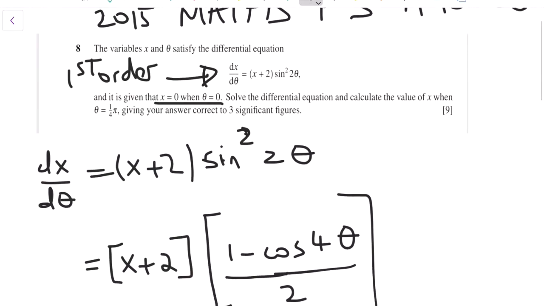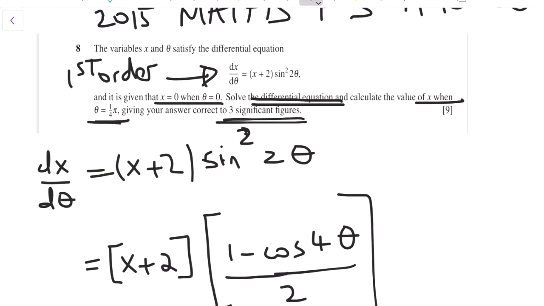We are told to solve it, so we want the solution, and calculating the value of x when θ is π/4 is also required. They want us to give the answer to 3 significant figures.